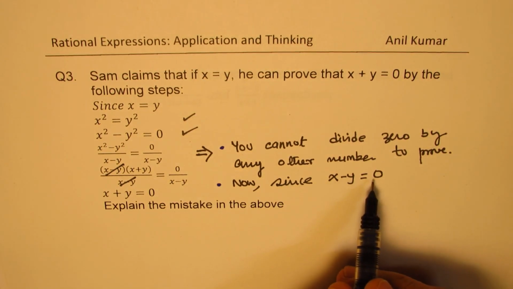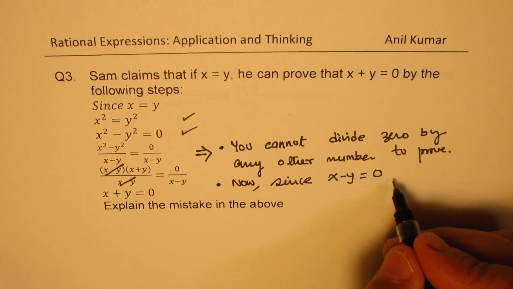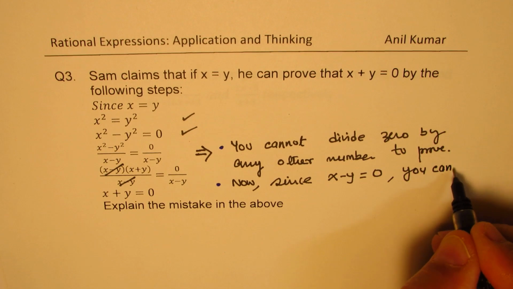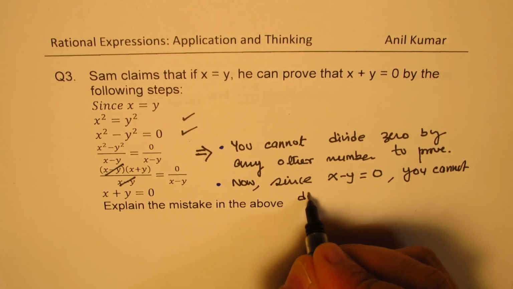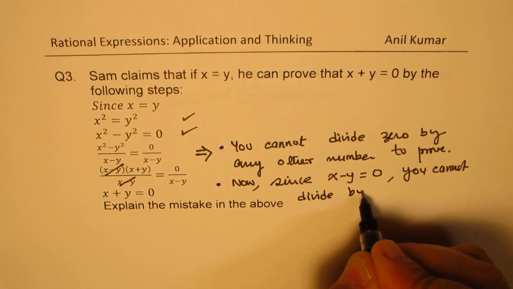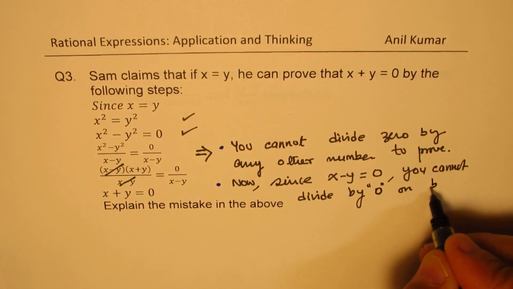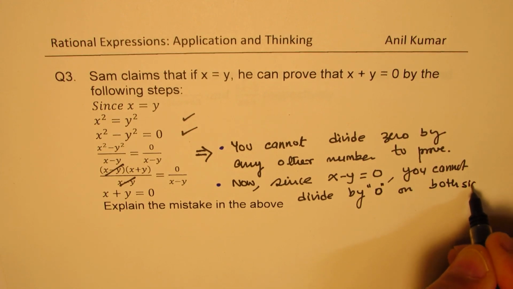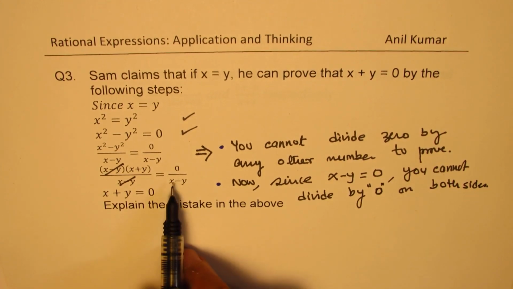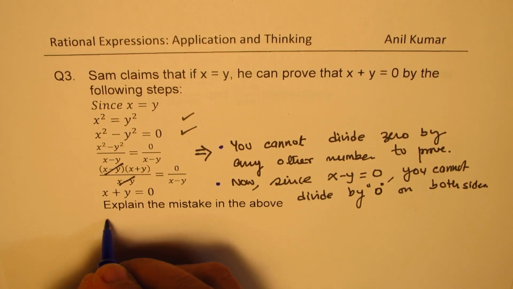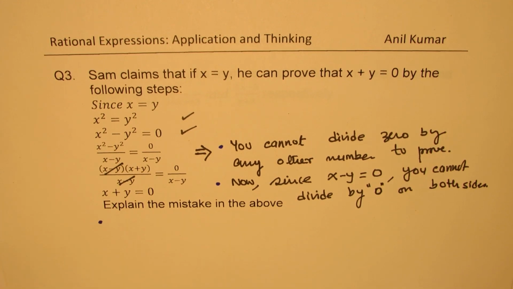Since x minus y is equal to 0, you cannot divide by 0 on both sides, right? Division by 0 is indeterminate. You don't know what it is, right? It's not permitted.